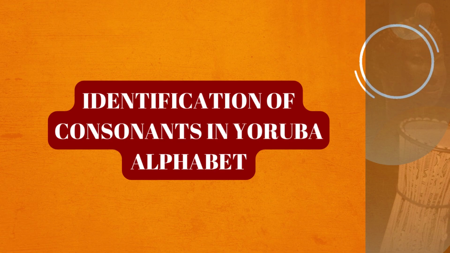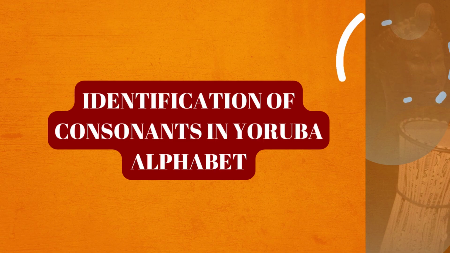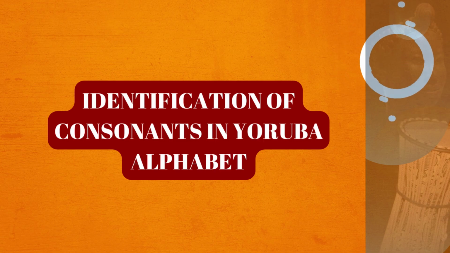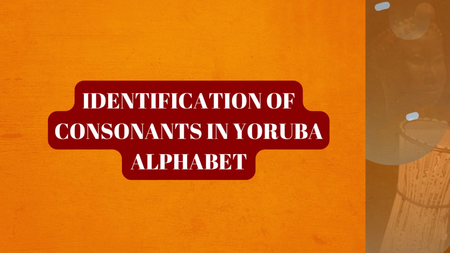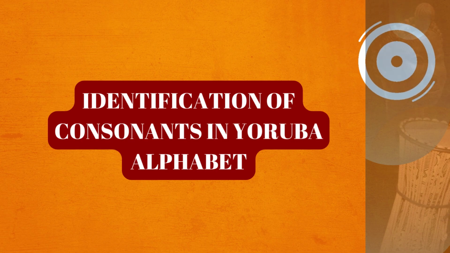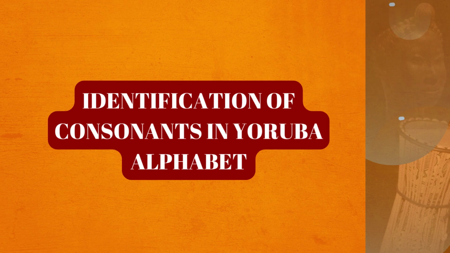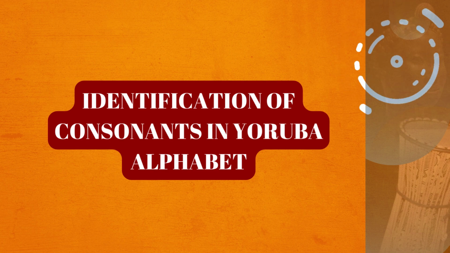Now, identification of consonants in Yoruba language. In consonant, we have 18 consonants. Méjìdínlógún òun ni consonant Yorùbá. Méjì péré òun ni vowel Yorùbá. Consonant ó jẹ́ 18. Méjìdínlógún.